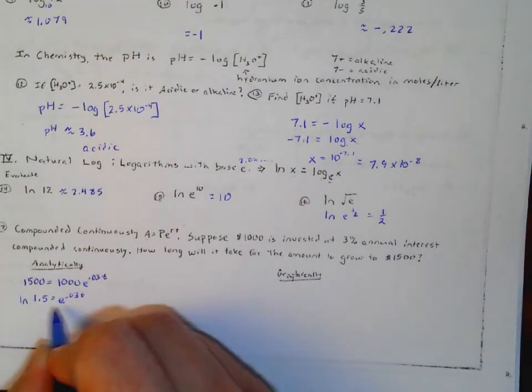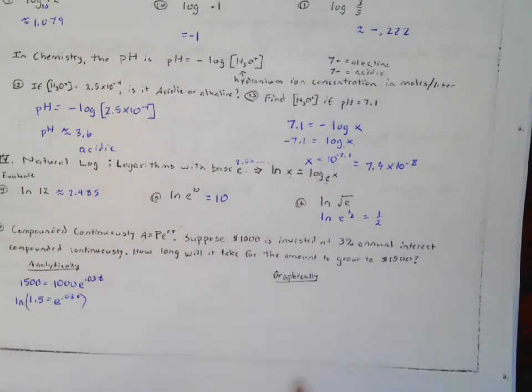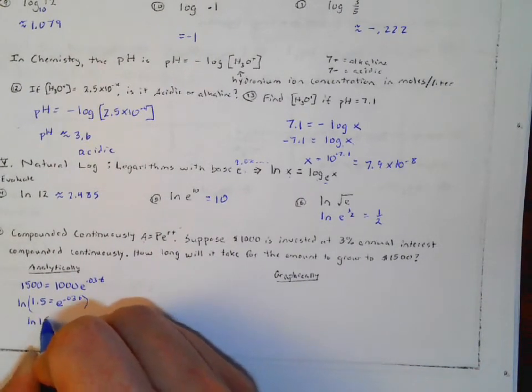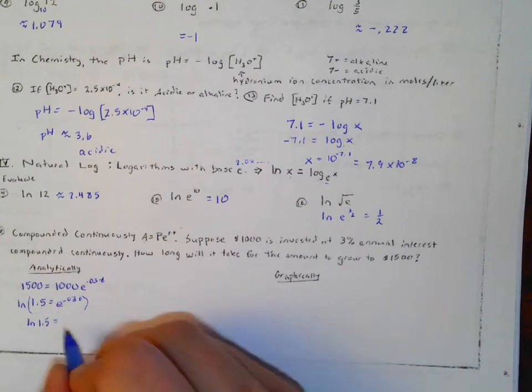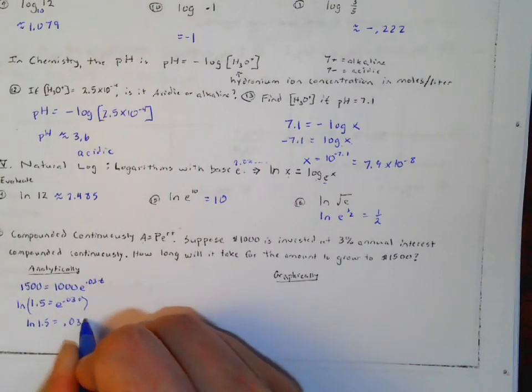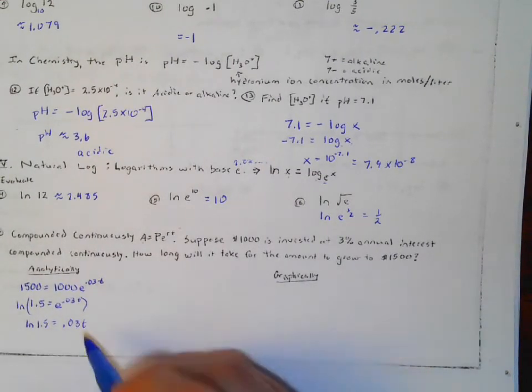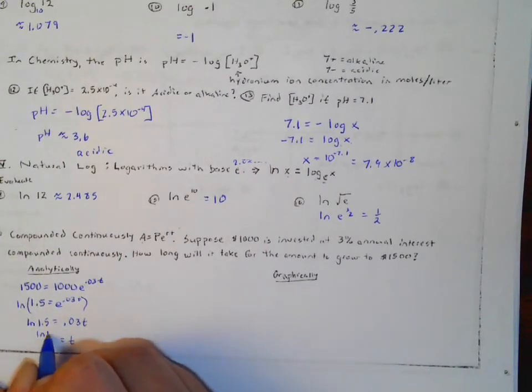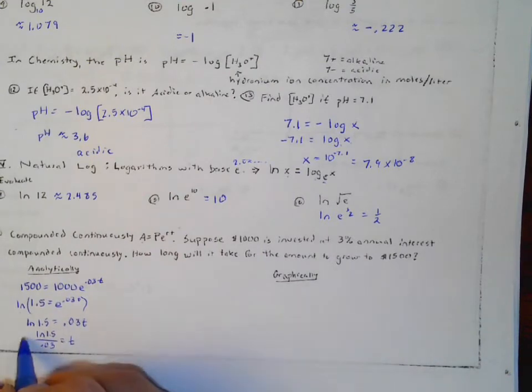So if I take the natural log of both sides of the equation, I'll have ln of 1.5, and natural log and e cancel out, so I just have 0.03t. Then to get t by itself, I divide by 0.03, so I have natural log of 1.5 divided by 0.03. That's the exact answer. If you put that in your calculator, it's about 13.5.